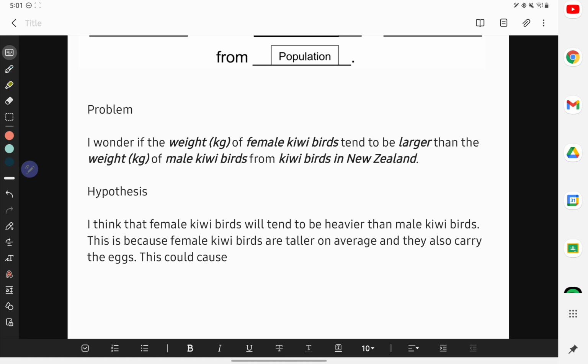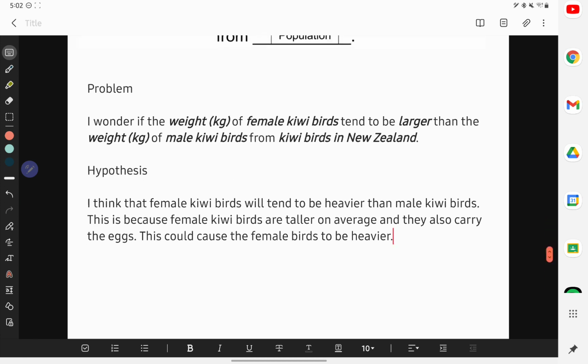This is a hypothesis, so I'm making an educated guess, and I'm writing in everything that I'm guessing and why I think so. So all the things that you Googled, yep, write it up here. This could cause the female birds to be heavier, right? And I think that's enough. We don't need to write too much, right? They have the eggs and stuff, so I'm gonna say female kiwi birds probably will be heavier. I might be wrong, but let's find out is the point. And this is it. That's kind of it.